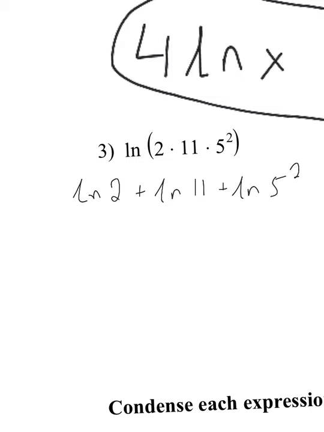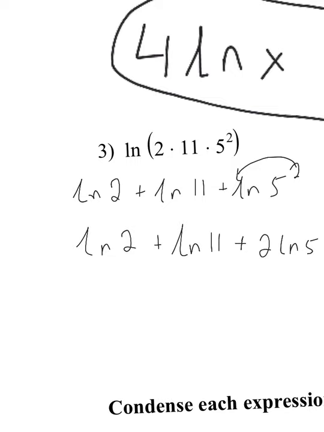Okay, and then ln 2 and ln 11, you can't do anything, so just rewrite it: ln 2 plus ln 11 plus 2 goes up front, so it will be 2 ln 5.